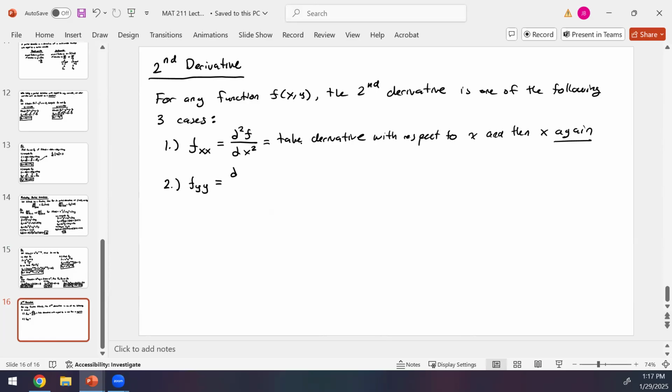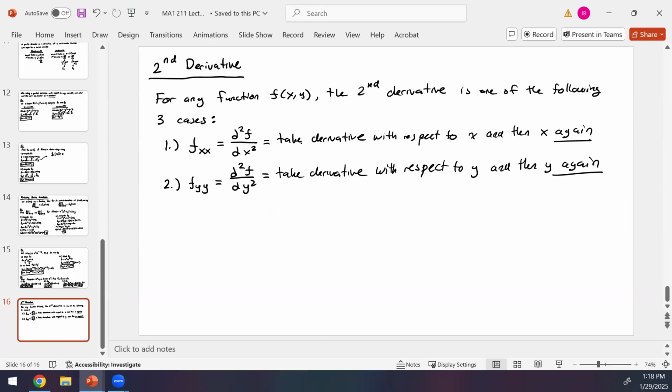So partial squared f over partial y squared. And then this just means take derivative with respect to y, and then y again. Yeah, you just do it one more time.